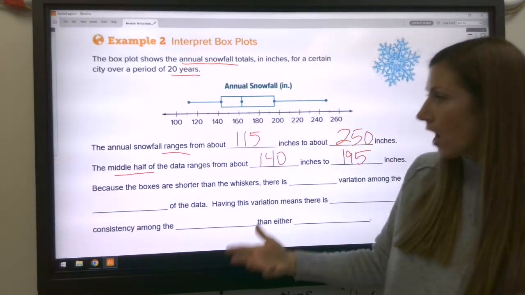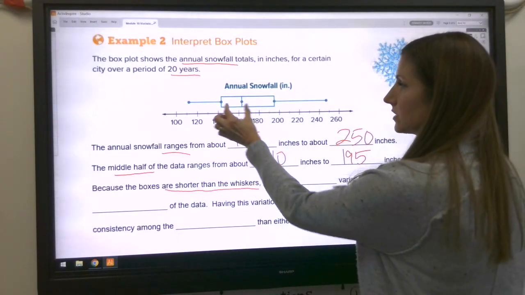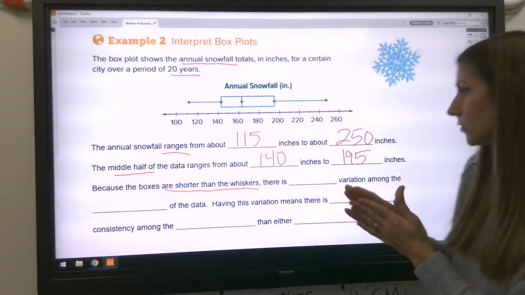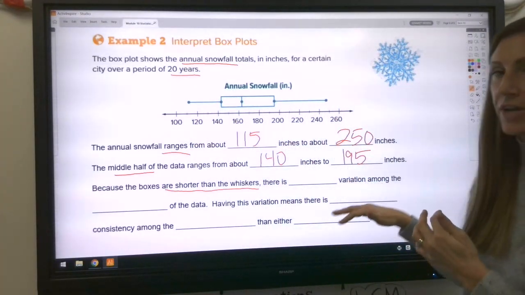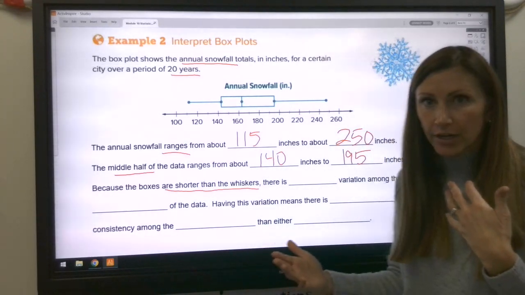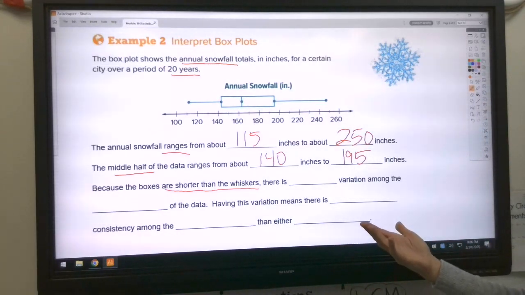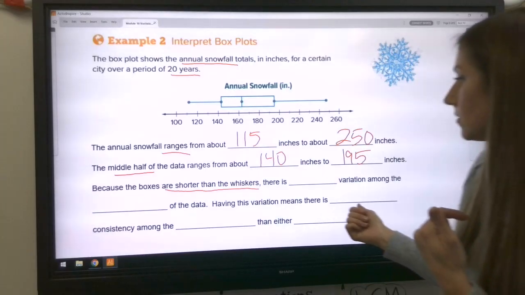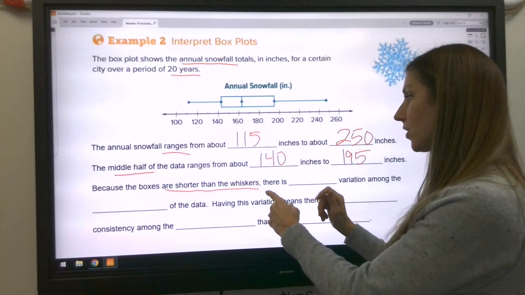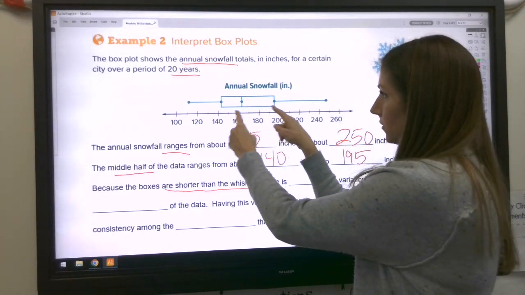Okay, now because the boxes are shorter than the whiskers, see how these boxes are shorter than how far out those whiskers go? What do you think the variation is? So is it less or greater than from the data? When it's talking about the variation, it's the variation in here, right?